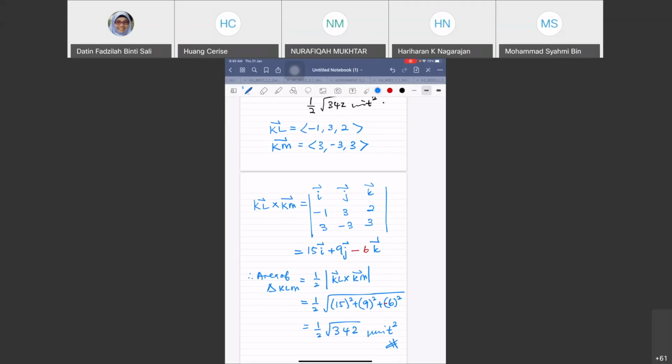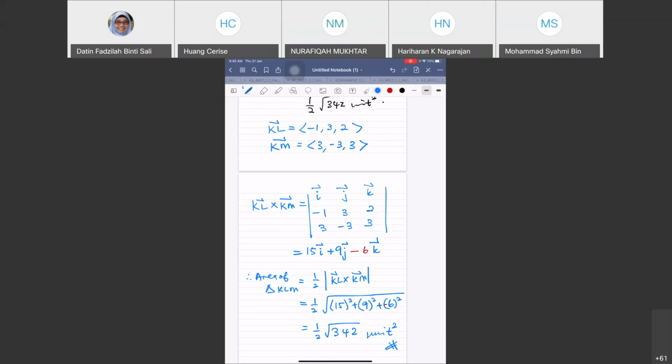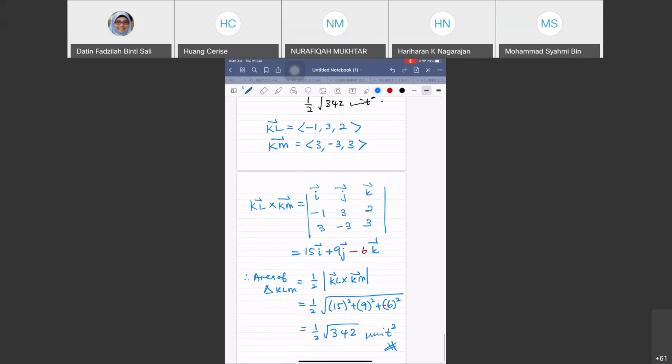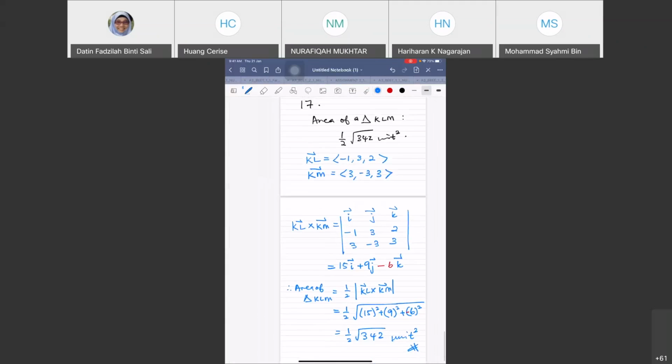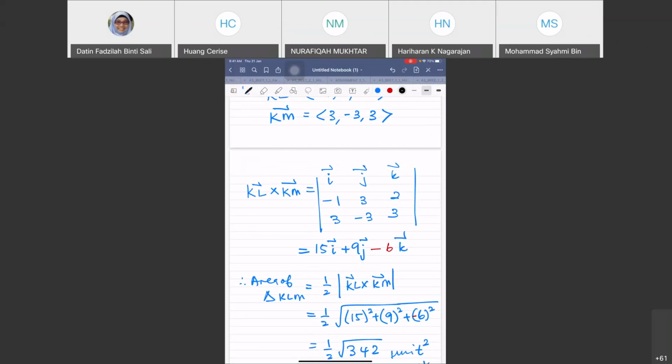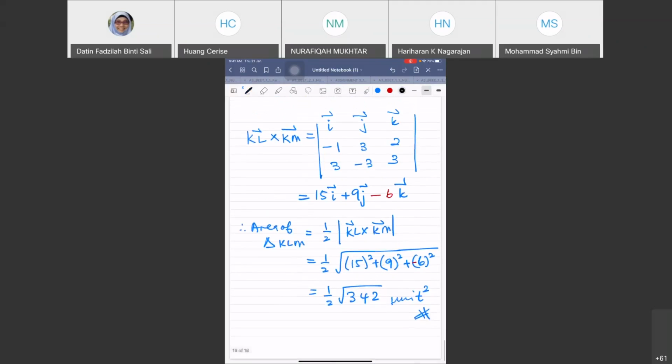If the question gives you 4 points, normally they will ask you for a parallelogram. So the parallelogram is just the magnitude of the cross product, and the area of a triangle is half of that. If you have understood this 17, then 18 also should be the same.